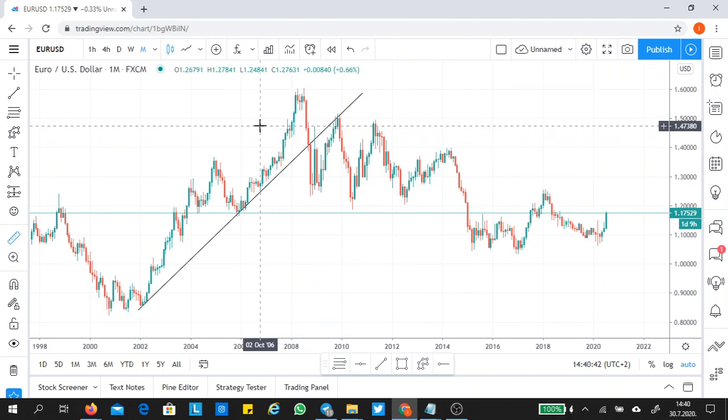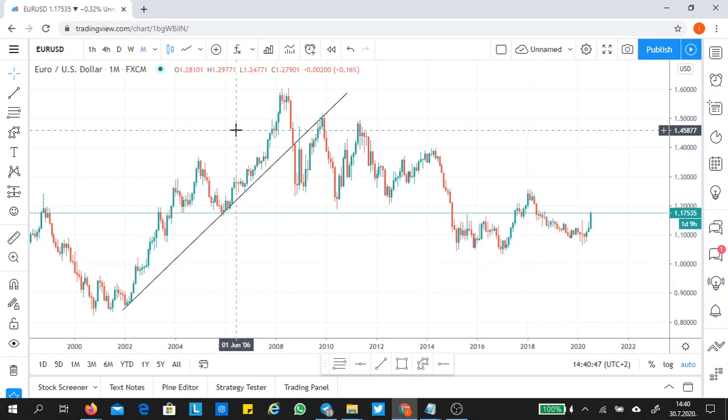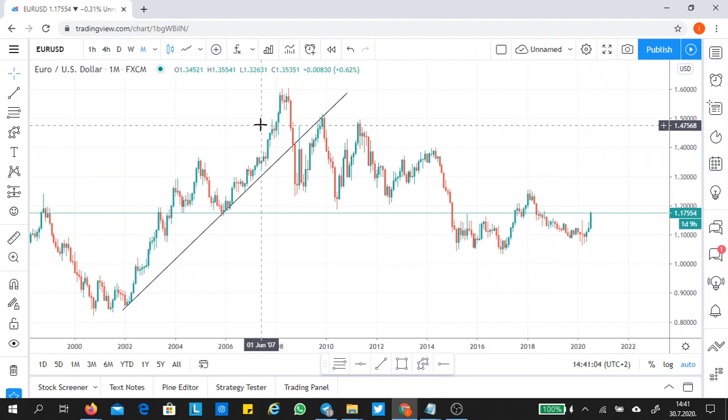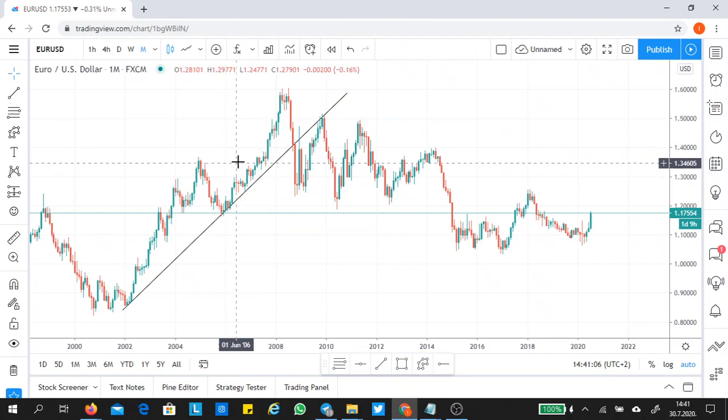So remember, this is the monthly chart, so patience here is very, very important. But it's also important that you analyze it, because it's giving you a picture where the market is going and how you are going to position yourself within it, if you're not a scalper and if you're not using the 5 or 15 minute chart.